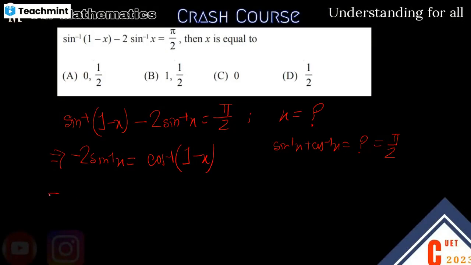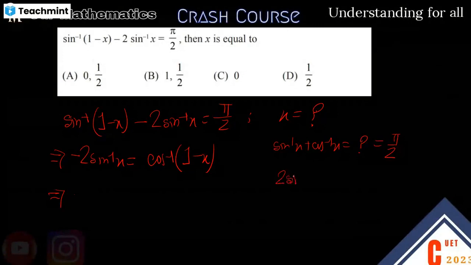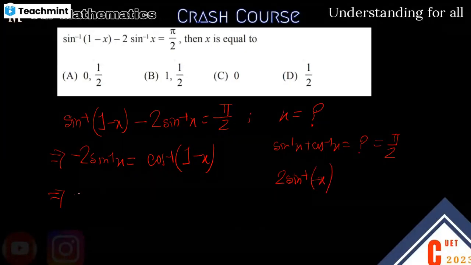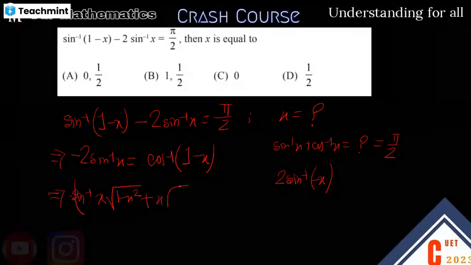From here we can write minus 2 of sine inverse x is equal to cos inverse of 1 minus x.